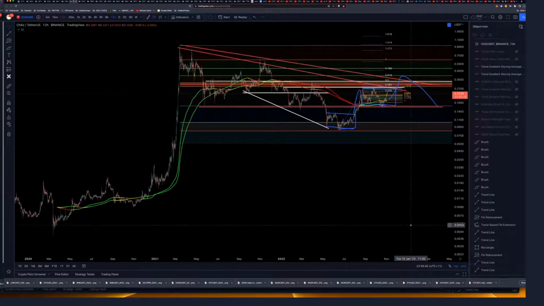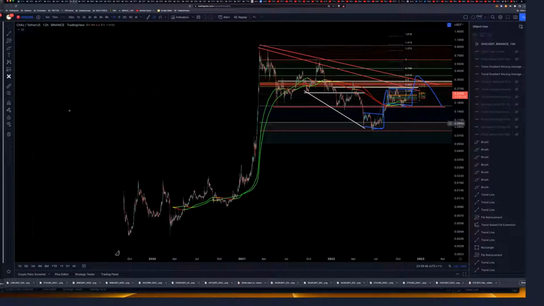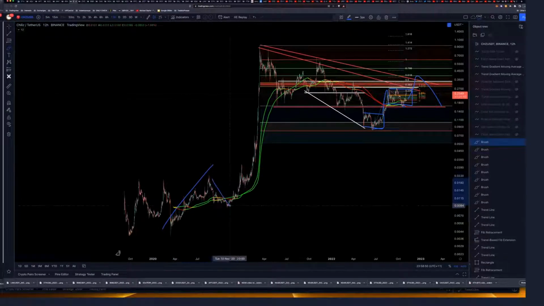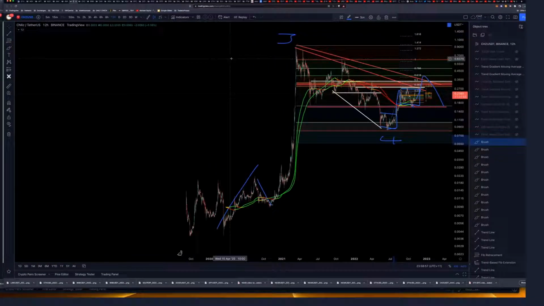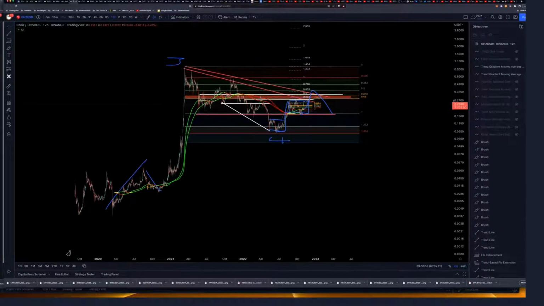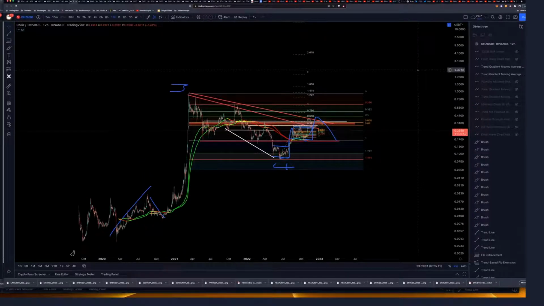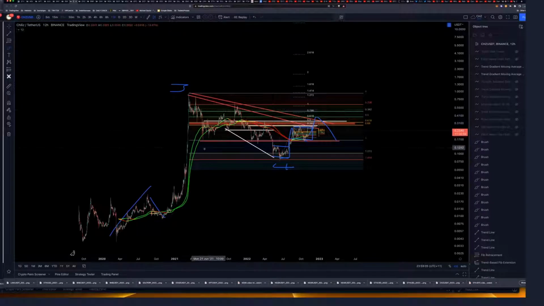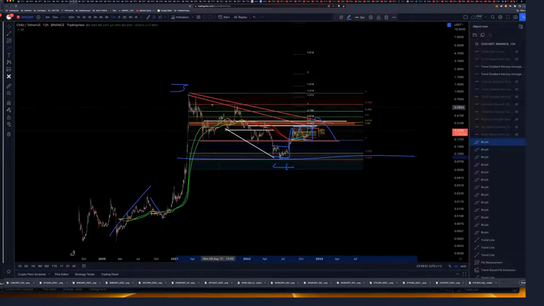I do believe Chili's is wave 1, 2. I think this is wave 3, wave 4, and wave 5 is going to be really bullish. So Chili's is, I think, a good one to buy. I think this is a reaccumulation structure, a continuation. So that's the bottom, that's the top.